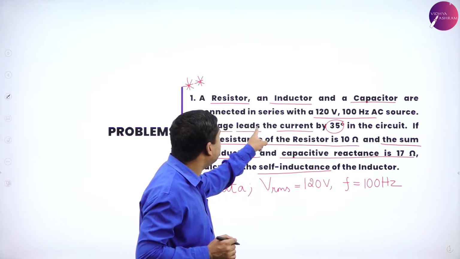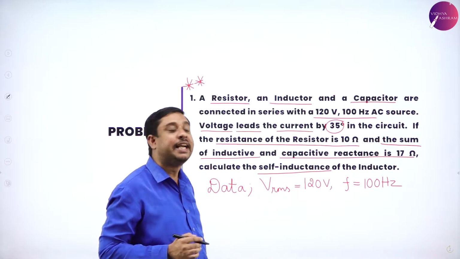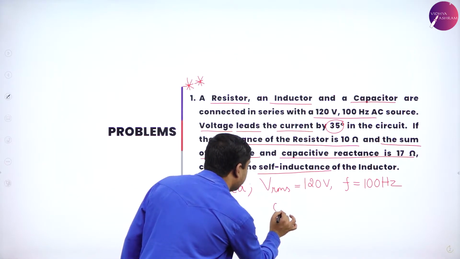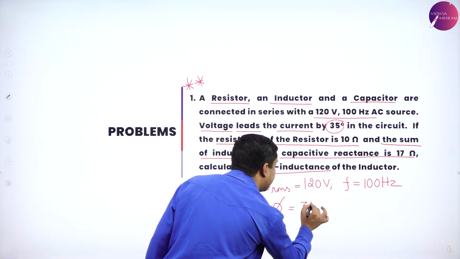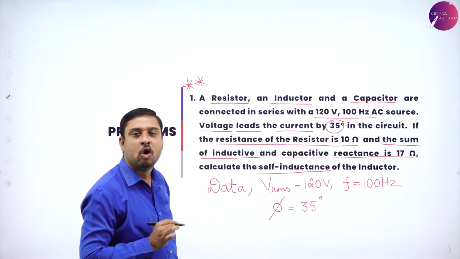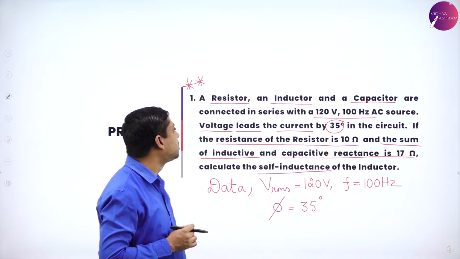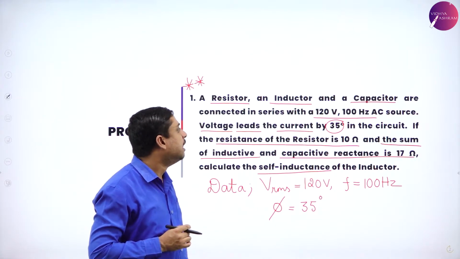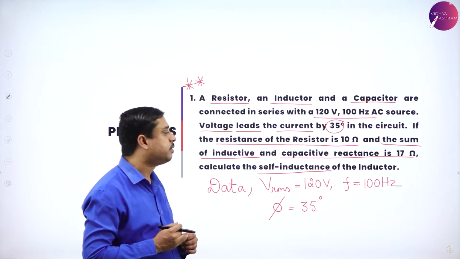Voltage leads current by 35 degrees. The phase angle is 35 degrees. Voltage is leading current by an angle 35 degrees in the circuit.